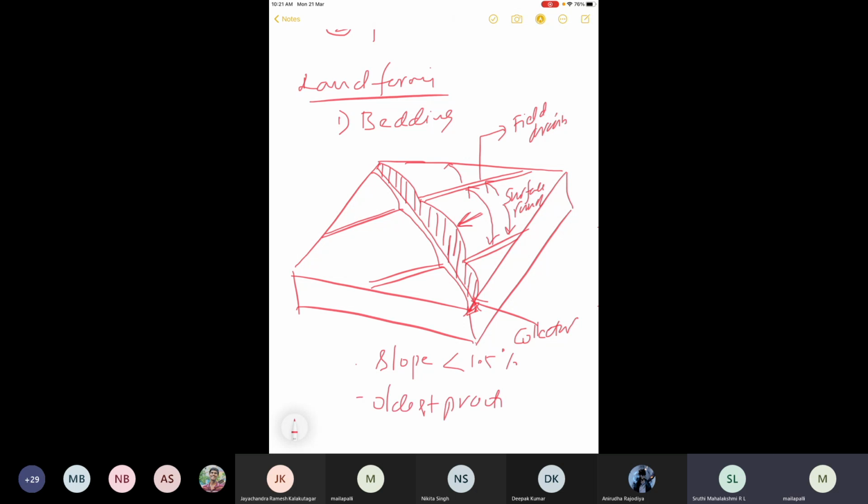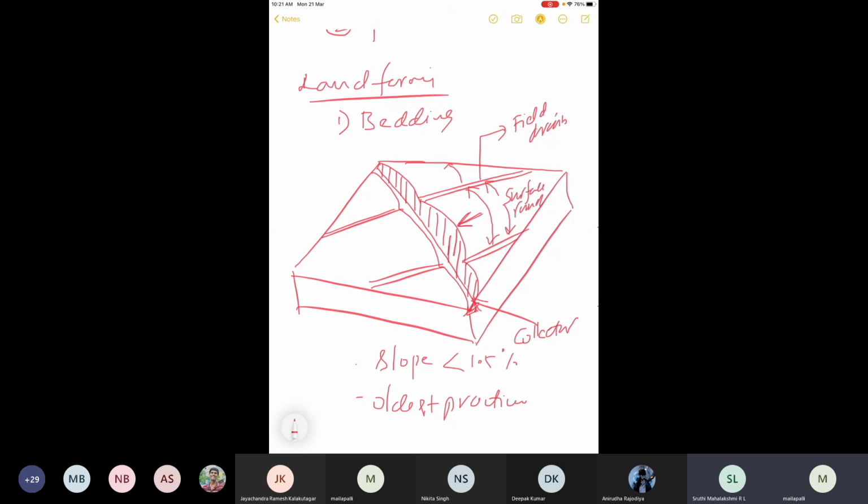This is the oldest practice, mostly used for grasslands. If you see huge grasslands, they look like nice beds. So that's the old practice.